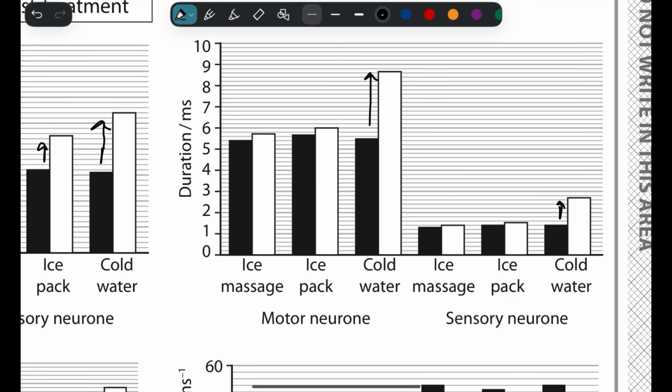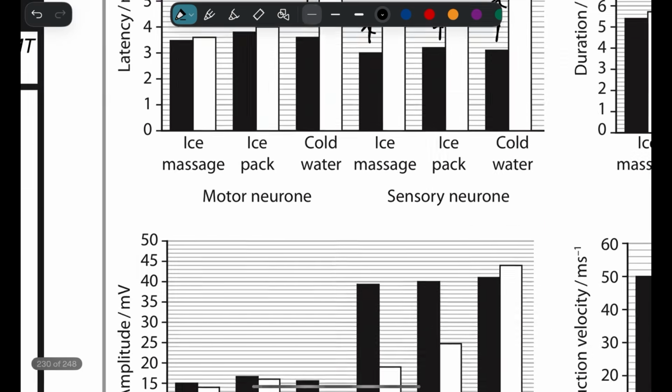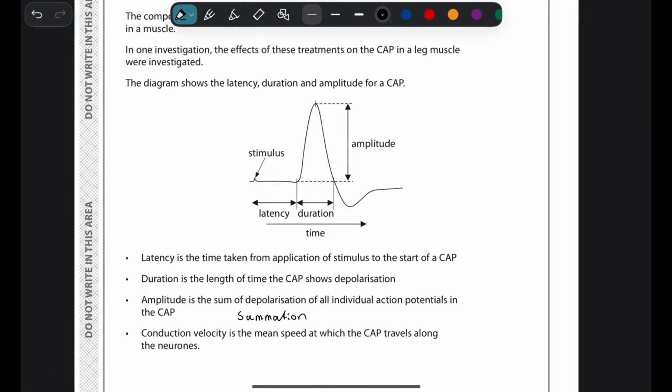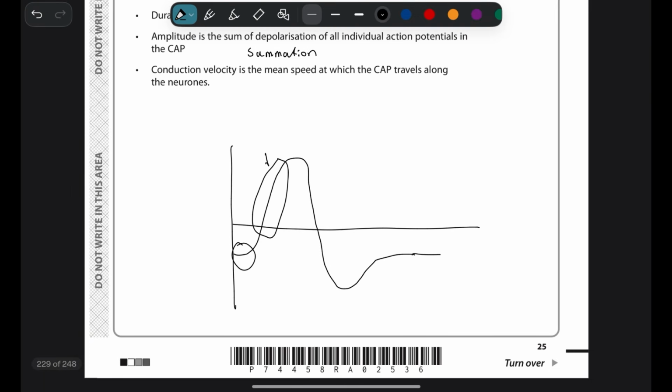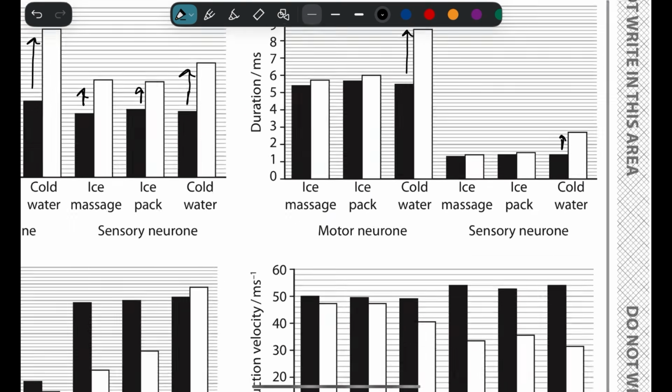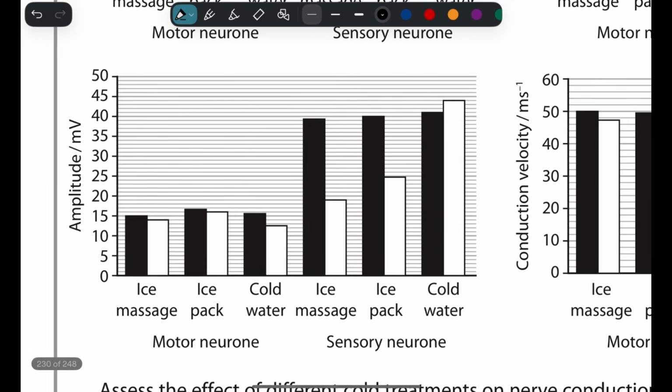Also, if the duration is longer, then we don't repolarize because we're still in this place. You can see it. Because it's not going to be able to repolarize, we actually aren't going to get enough action potentials for a while, which means that the pain signals are going to be slower.